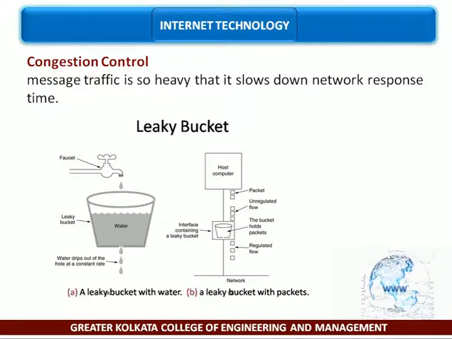When the bucket is full of water, additional water entering spills over the side and is lost. Similarly, each network interface contains a leaky bucket and the following steps are involved in the leaky bucket algorithm.